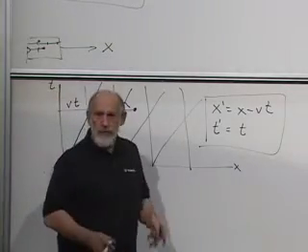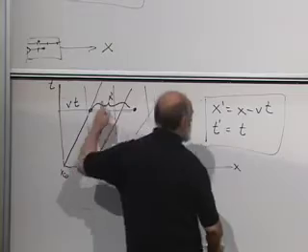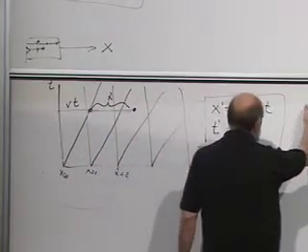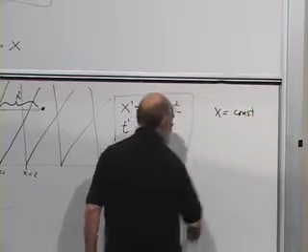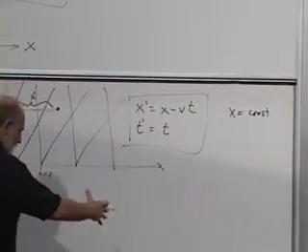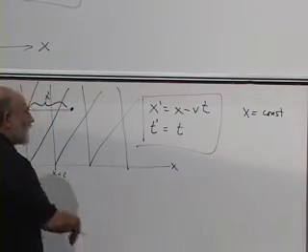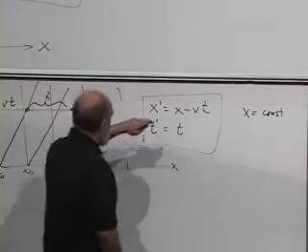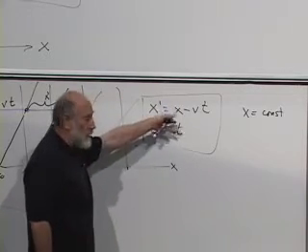I'm in particular interested in the velocity. All right, so if a ball is standing still in my frame of reference, it means x is equal to a constant. It's just standing there still. The elevator is going by. The person in the elevator is looking at the ball, sees it moving. All right, if x is a constant, then x prime is, of course, just minus vt.